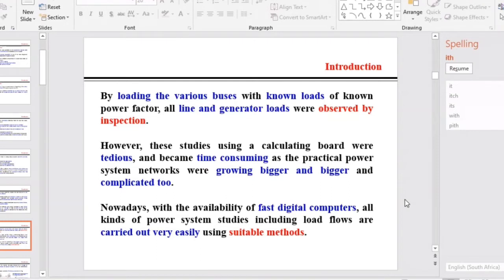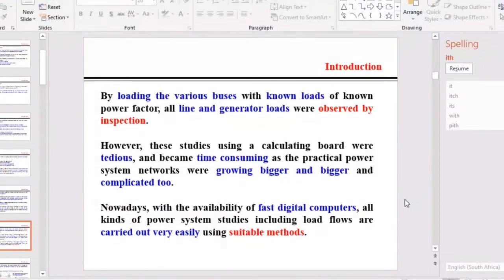So these days we use computer software, like the software you are going to use in your electrical engineering. MATLAB can do the power flow study, PSCAD can do it, RSCAD can do power flow study as well.